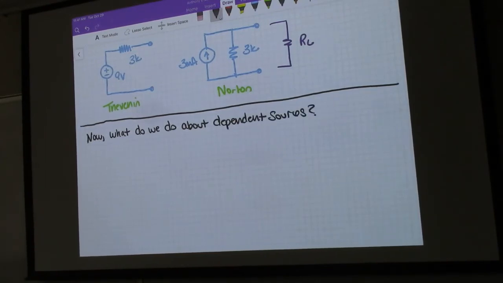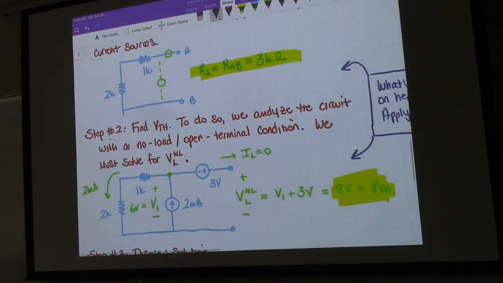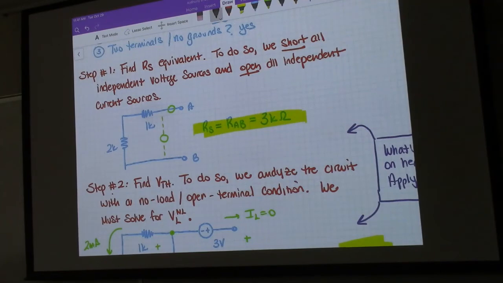All right, so we haven't talked about dependent sources yet. Our method, specifically step 1, doesn't work for a circuit that has dependent sources in it. Give me 1 second to pull up the other version of the notes.